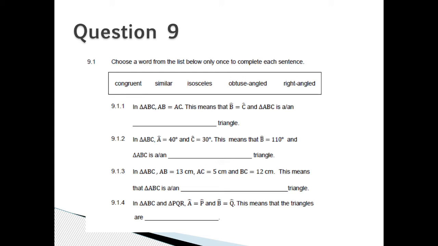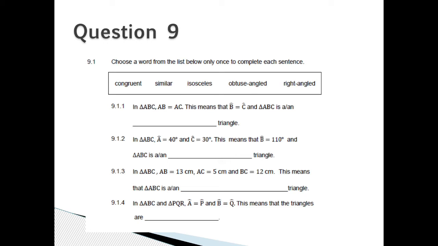Question 9.1.2. In triangle ABC, angle A is equal to 40 degrees and angle C is equal to 30 degrees. This means that B is equal to 110 degrees, and the triangle ABC is an or a what triangle?